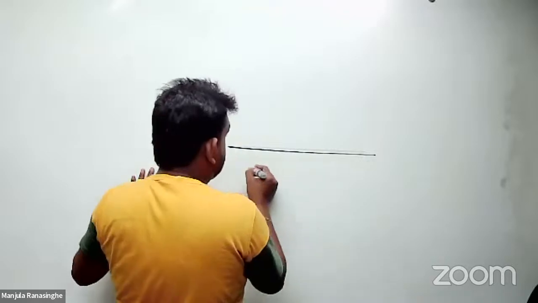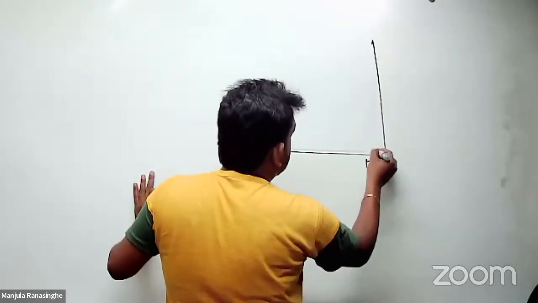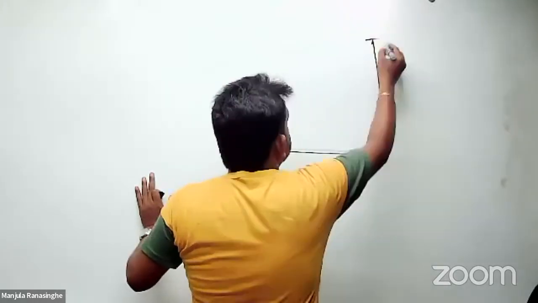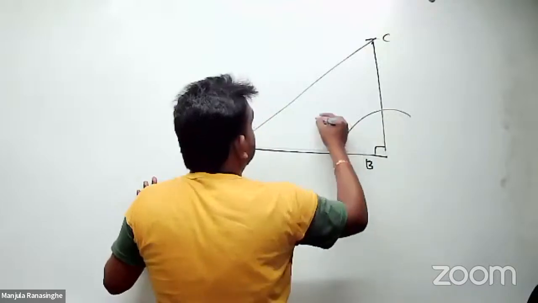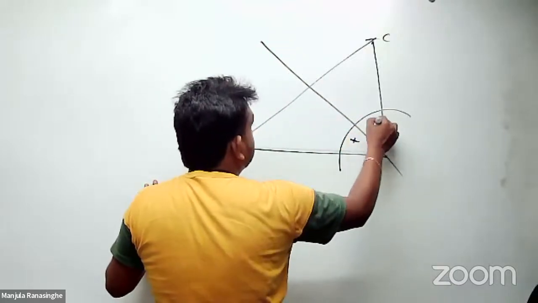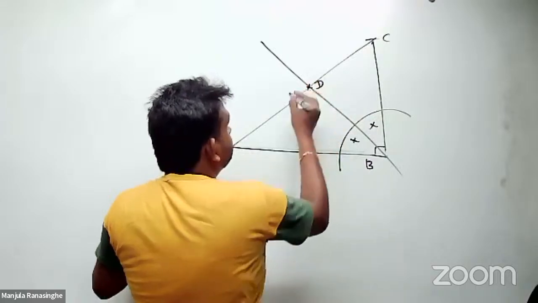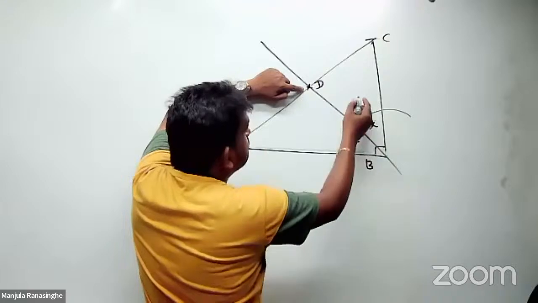There was a side length AB, and here there was a 90 degree angle, and these two sides are the same. Then create an angle bisector of this, and this was D. Then they asked to take BD as the diameter and draw the circle.